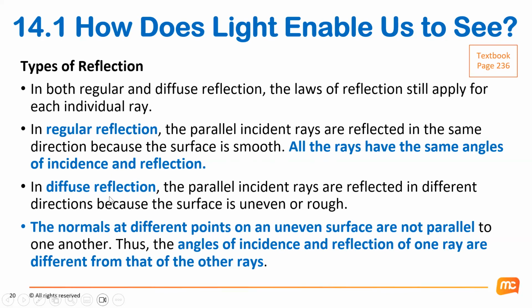In diffuse, similarly, all the rays will have the same angle of incidence and reflection, just that the normals on the uneven surface are not parallel to each other. So the reflected rays are different as compared to the previous rays because of the difference in the normal.